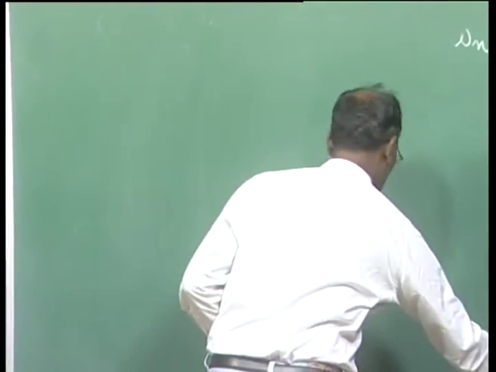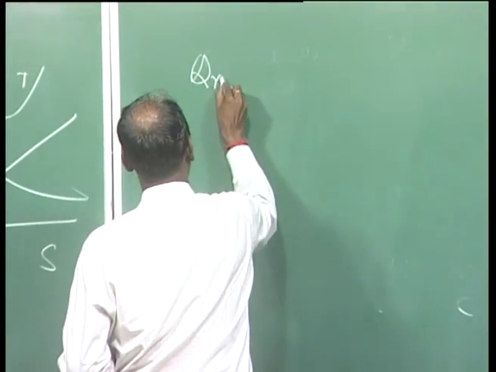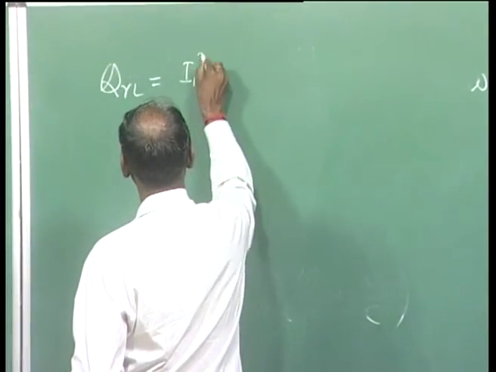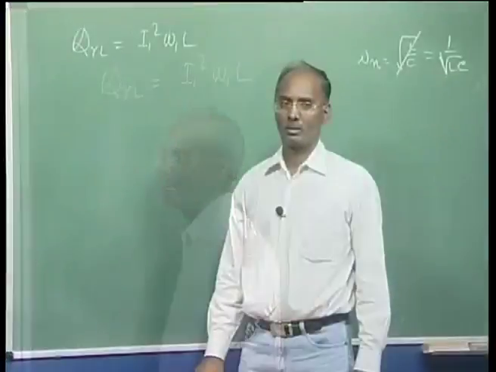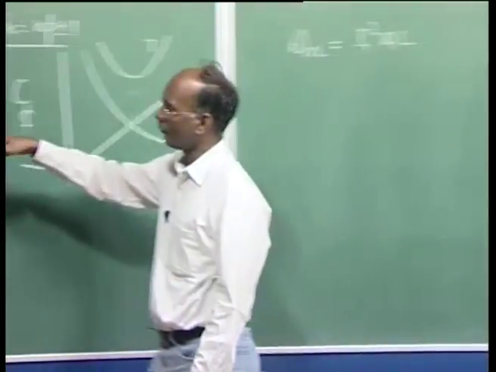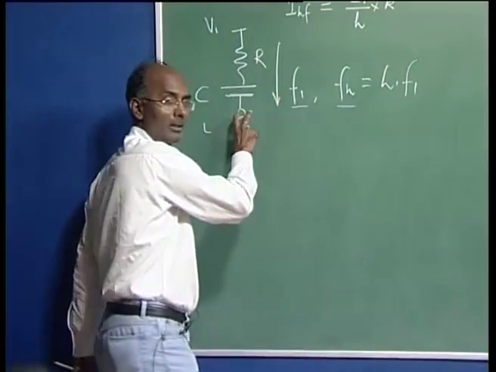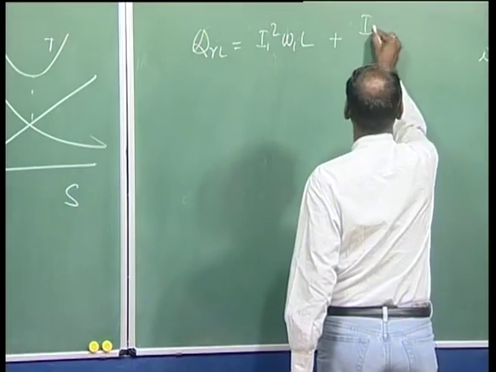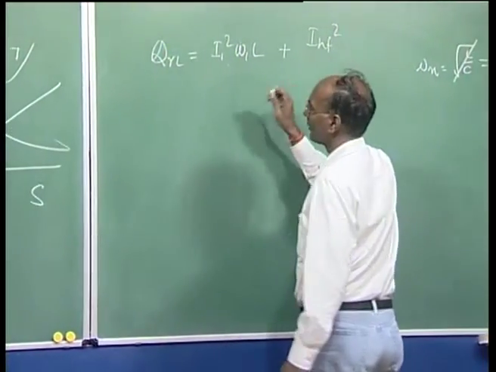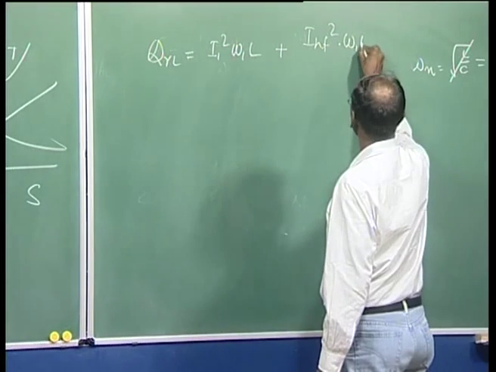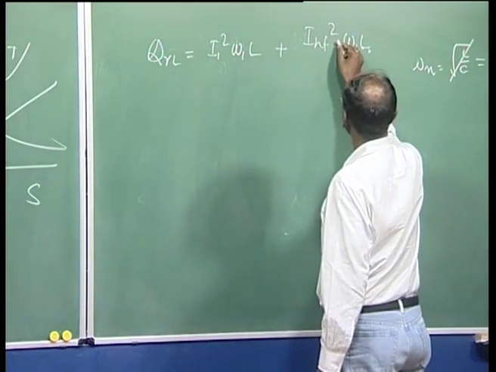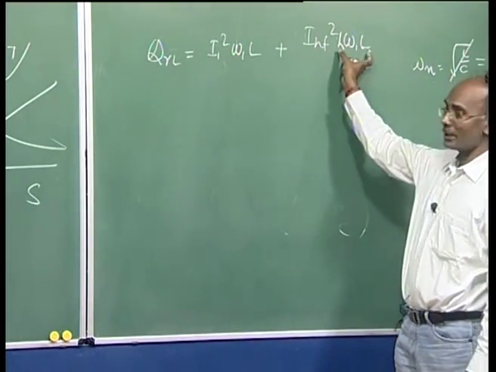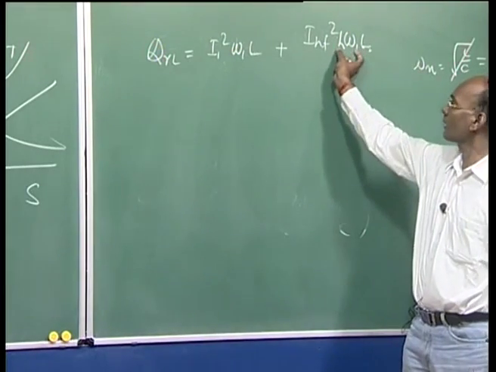I can write here QRL, the fundamental component, it is I1 square omega 1 L. Because of the current which will be flowing in the inductor, the reactive power loss will be this value plus whatever current is flowing, IHF square, into omega 1, into H, because this XL for that component, so here omega h will be there.